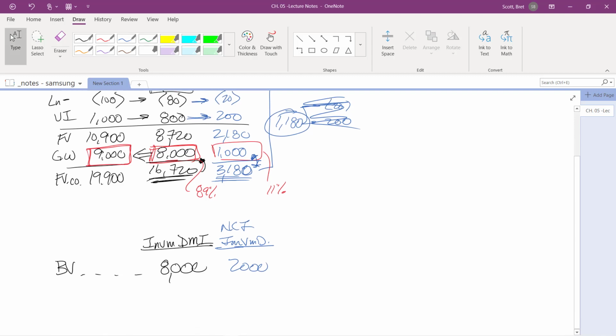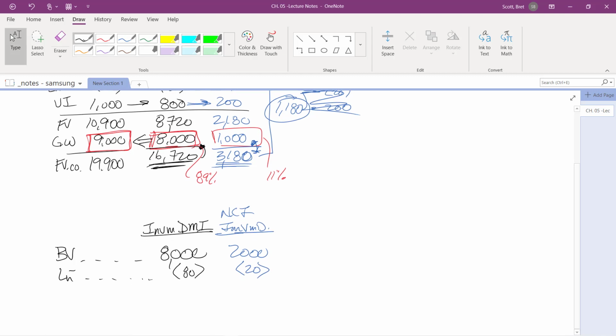And then there's the adjustment for land. Reduce that by 80, and NCI gets their 20. And then we have the unreported intangibles, UI. In that case, we have 800 here, 200 over here.